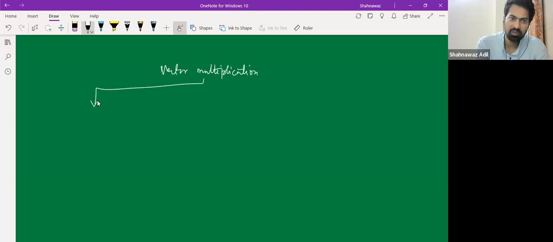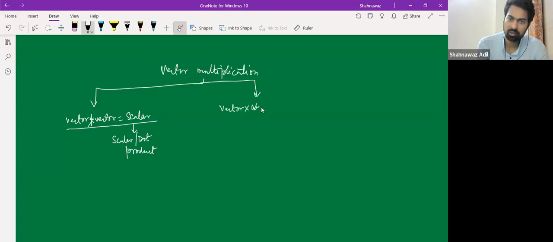When we multiply a vector with a vector and we get a scalar quantity, this is called the scalar or the dot product. And when we multiply a vector with a vector and we get another vector, this is called the vector product or the cross product.